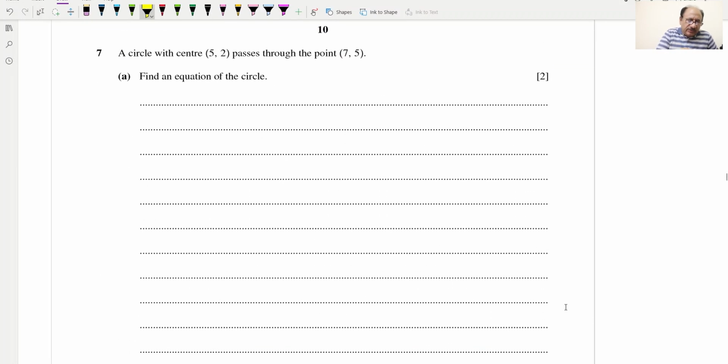Question number 7 says a circle with this center passes through this point. Find the equation of the circle, and this is a 2 mark question.